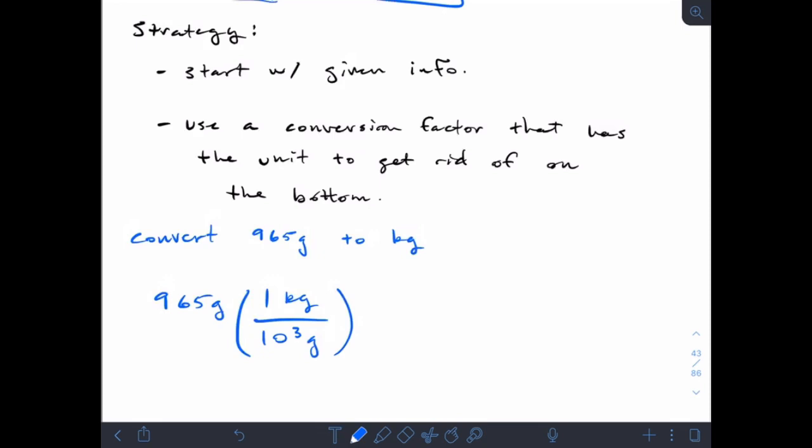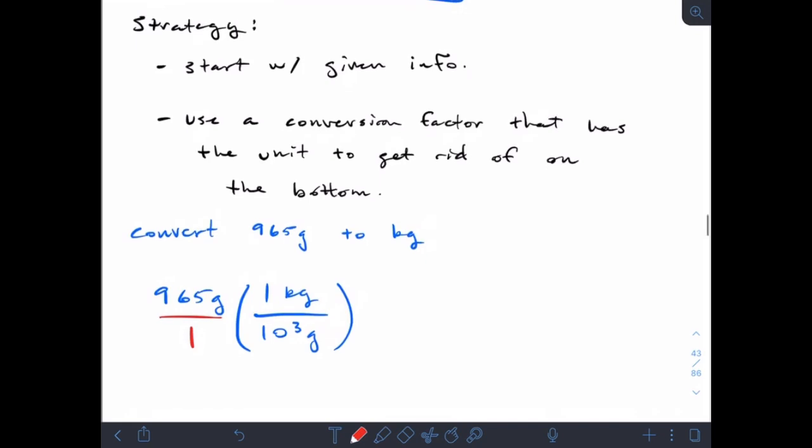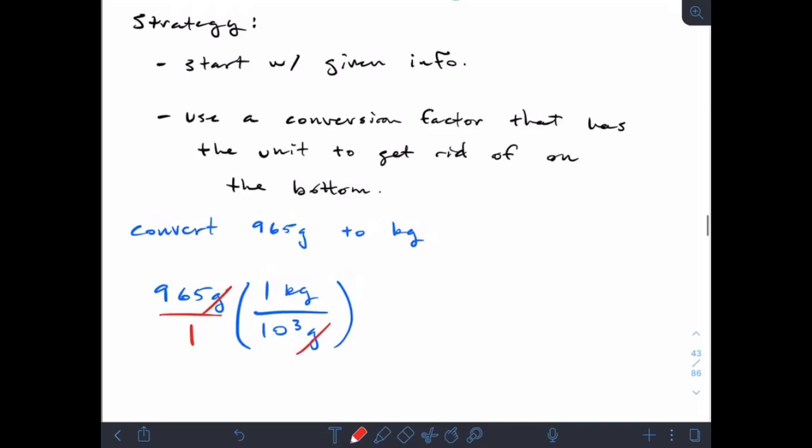Now what happens when we deal with fractions is that things will cancel each other out. 965 grams is the same thing as writing it as 965 grams over 1, so I have a fraction there. When I have grams on top multiplied by grams on bottom, those grams will cancel out. The units will cancel each other out because we're dividing one by the other.